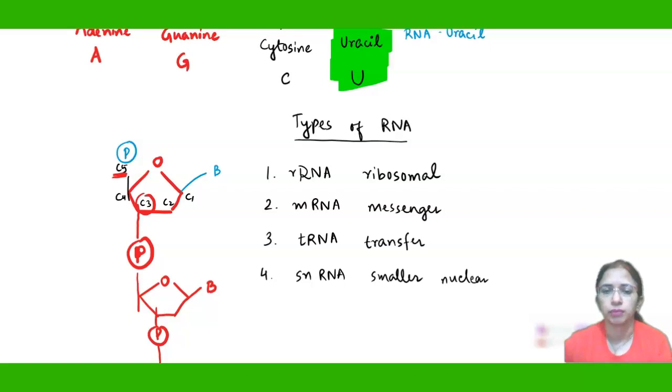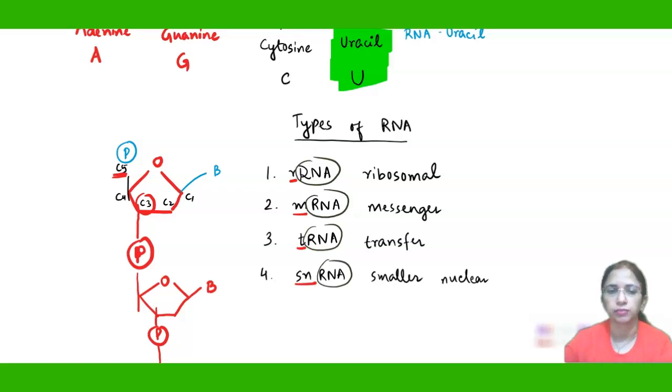RNA. Remember, whenever you are writing the types of RNA, do write the type in small letters. See here, r, m, t, sn. This type has been written in small, but RNA has to be written in capitals always. So you can notice in all these four types, I have written RNA as the capital one.